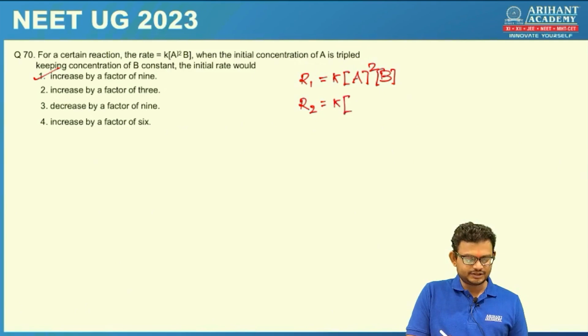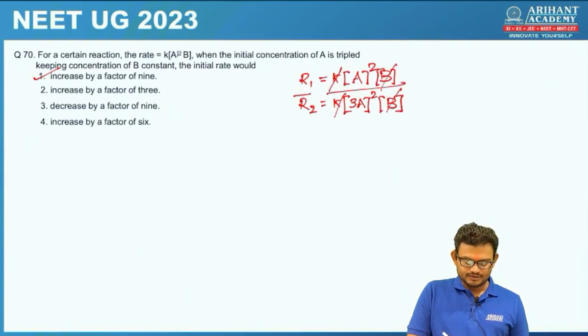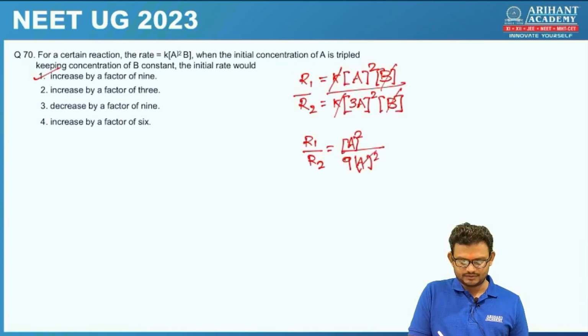If the concentration of A is tripled, it would become (3A)^2. And now if you simply take a ratio, the constant thing cancels out. So it is R1 by R2 equal to A squared by 9A squared. The A squared also cancels off, and the new rate would be 9 times the initial rate.